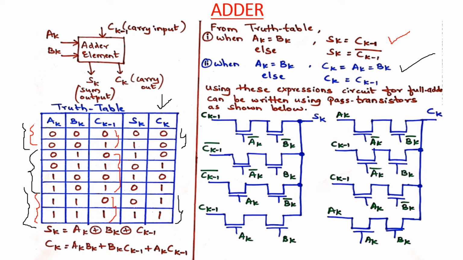So these expressions are written based on the truth table, and using these expressions we can implement an adder circuit using the pass transistor concept.